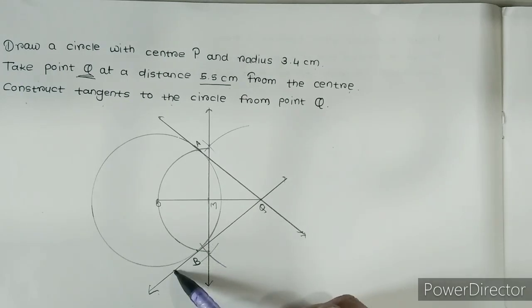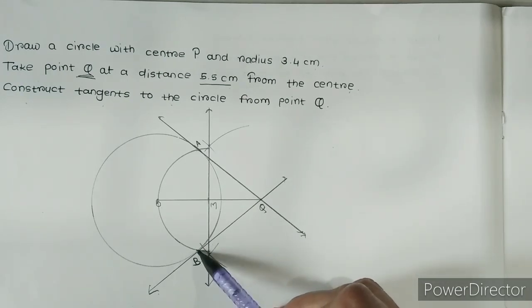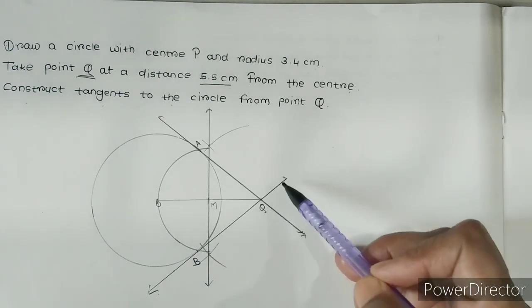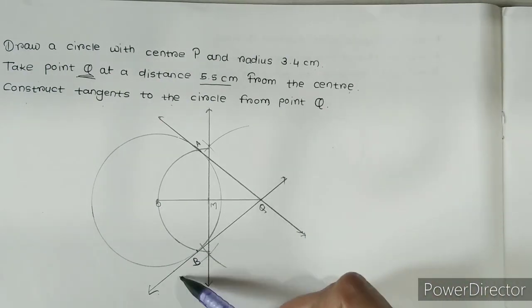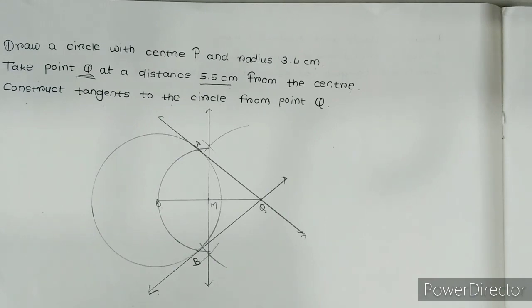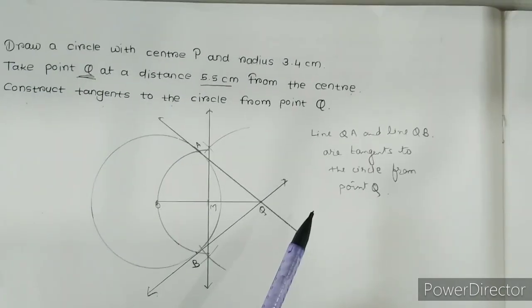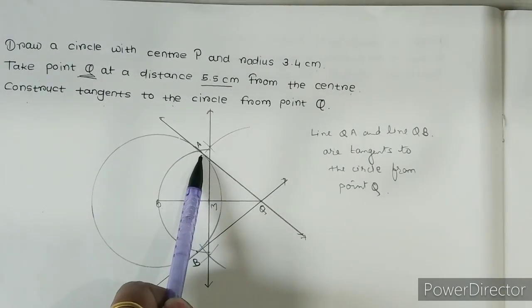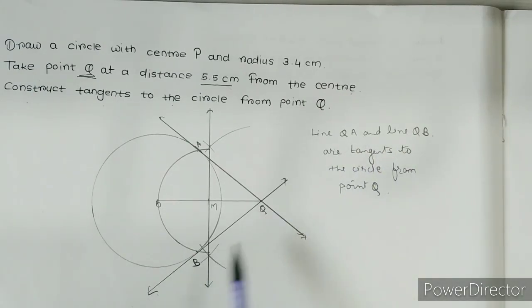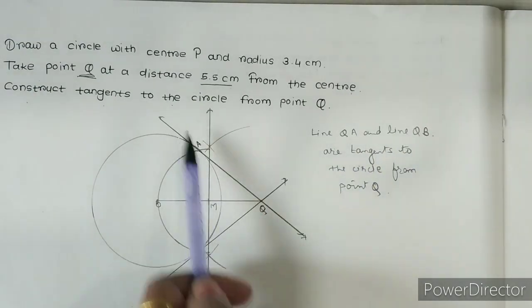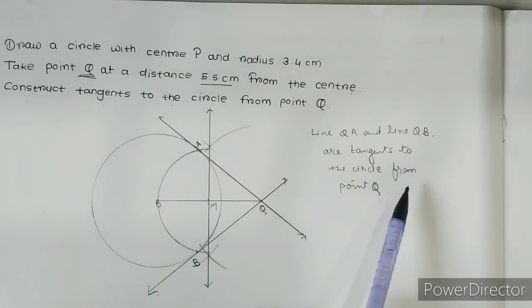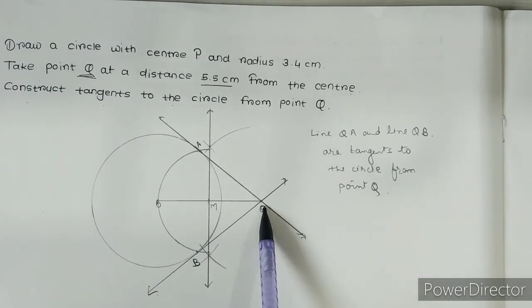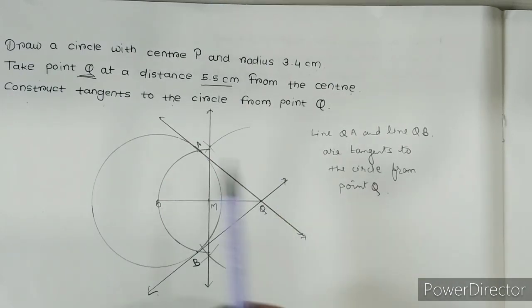This line also intersects the circle at one and only one point, that is point B, and therefore this line is also a tangent to the circle. Thus line QA and line QB are tangents to the circle from point Q, and point Q is outside the circle.